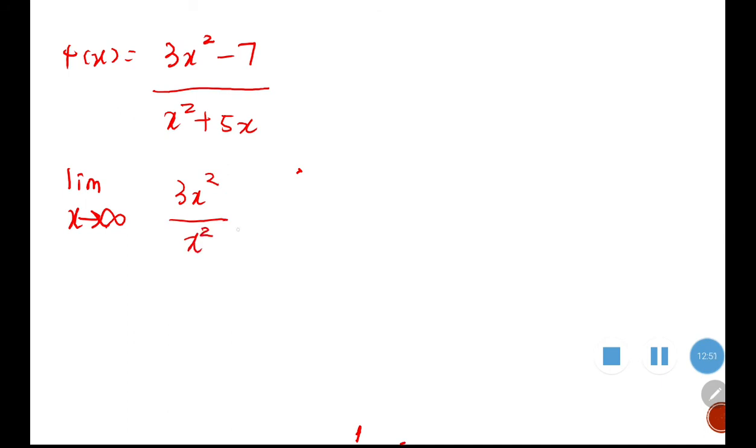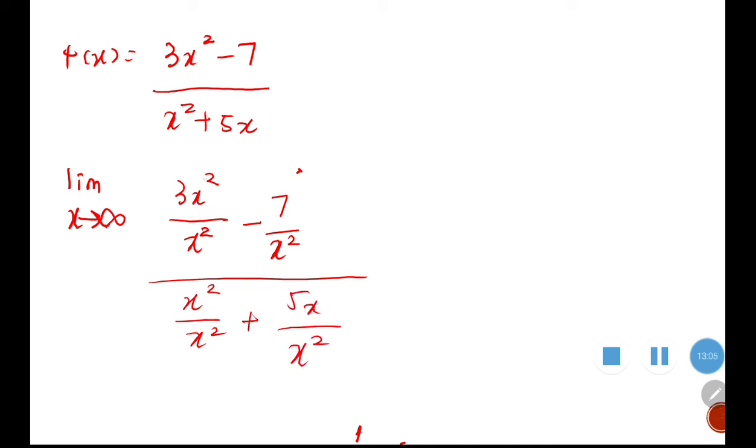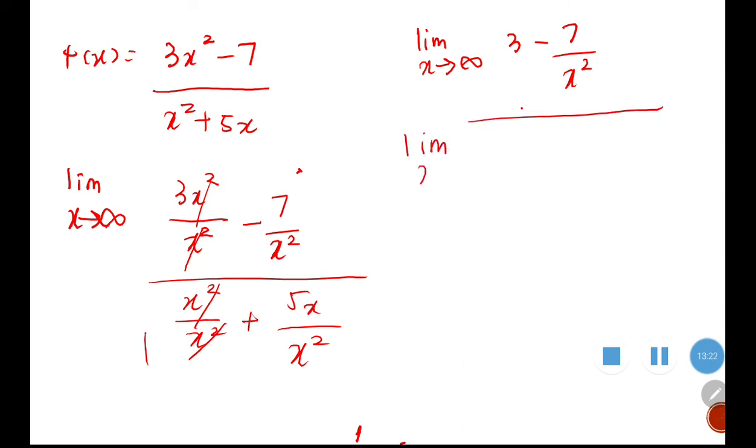Okay, divide it over x squared. So it should be 3 minus something over something. Okay, put in the value of infinity here, and then you will get 3. 3 is the final answer.